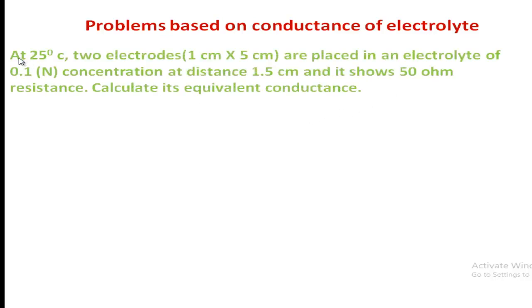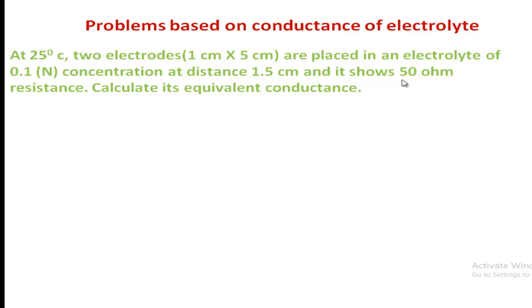Now we will follow some problems based on conductance of electrolyte. For example, at 25 degrees centigrade, two electrodes are placed in an electrolyte of 0.1 normal concentration. That means here the unit of concentration is normal. At distance 1.5 centimeter, it shows 5 ohm resistance. Calculate its equivalent conductance. Follow the math.